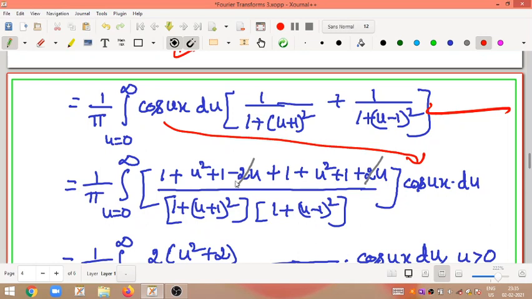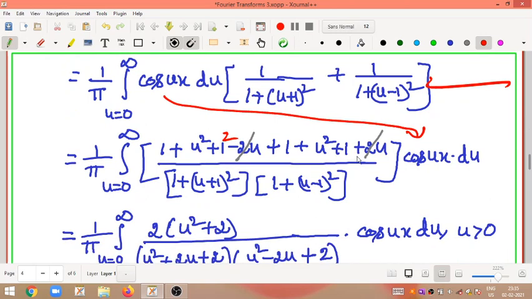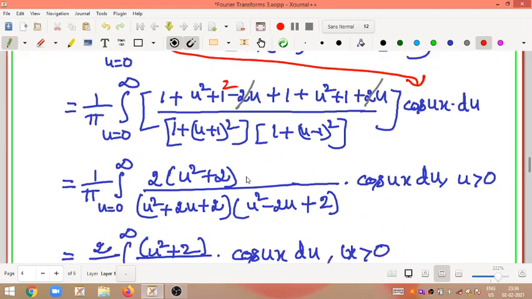Next by simplification, here 1 plus u minus 1 whole square form. So that's why 1 plus u minus 1 whole square is u square plus 1 square minus 2u, plus this one 1 plus u square plus 1 plus 2u. Here plus 2u minus 2u get cancelled, into du into dx.